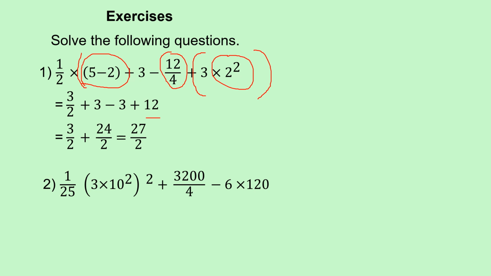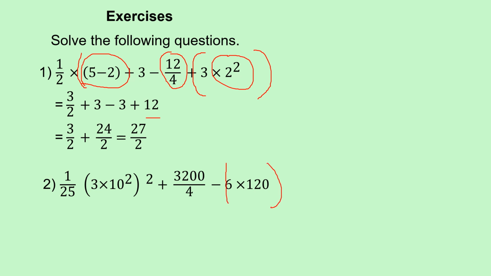So in this case, the first part, 3 times half will become 3 over 2, plus 3, and then minus, because we have settled this one, 12 divided by 4 will give you 3, plus 3 times 4 will give you 12. So the answer for this is 27 divided by 2. Okay, same thing for the second part. By using BODMAS also, it's easier if you can make brackets like this.